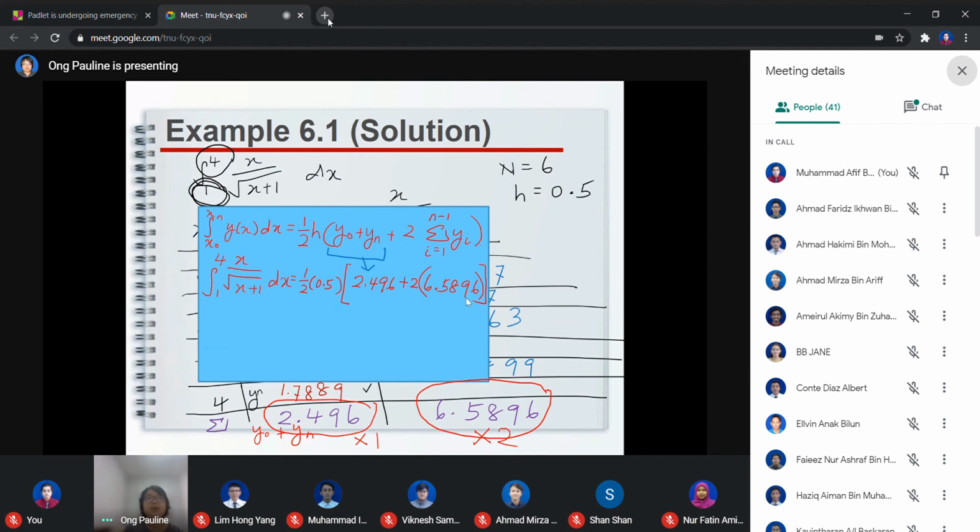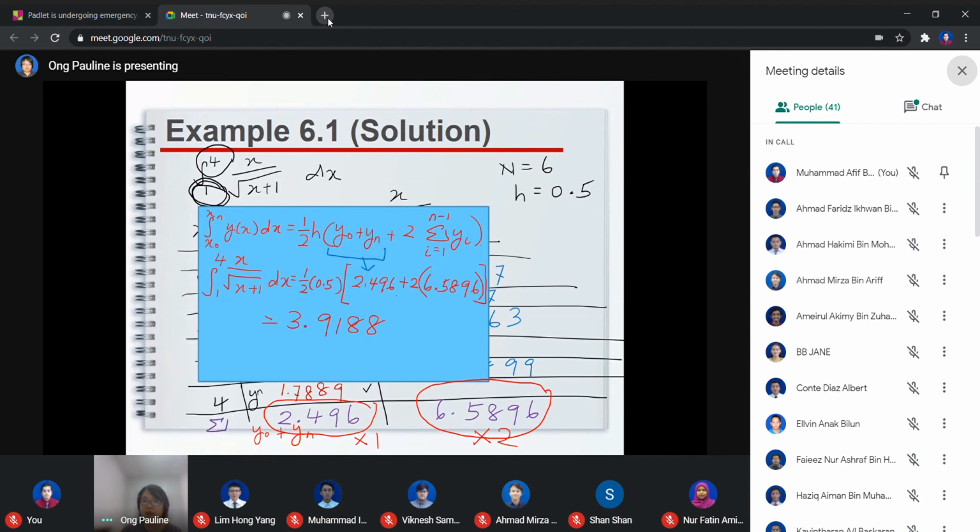Now what you need to do is just calculate it using a calculator. So I get 3.9188. I hope that my calculation is correct.